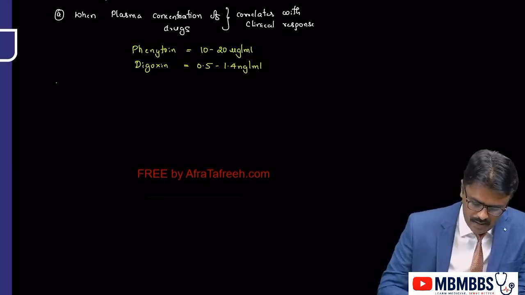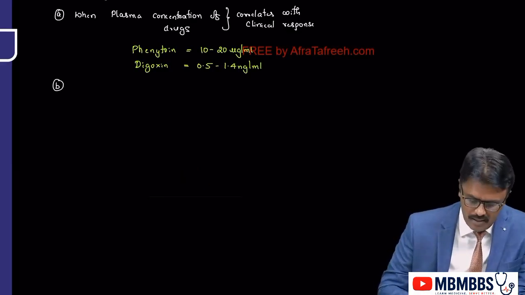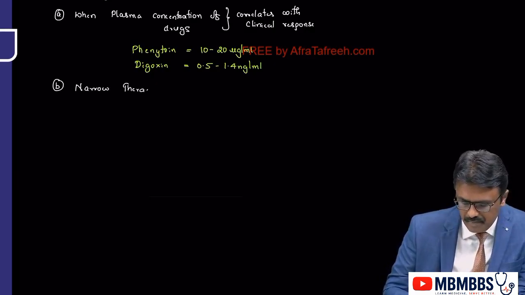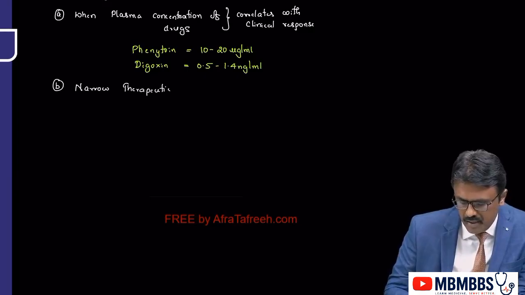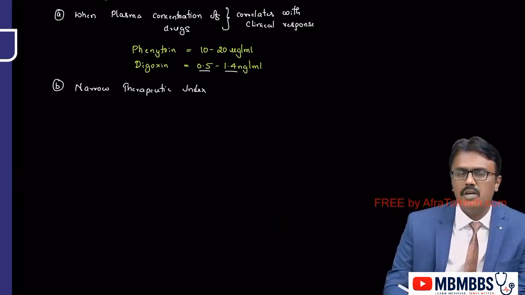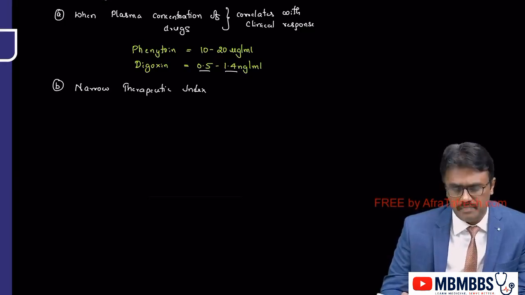Second important thing where you do therapeutic drug monitoring is if the drugs have narrow therapeutic index. For example, digoxin. If you give more than 2 nanogram per ml, the patient will end up with arrhythmias.